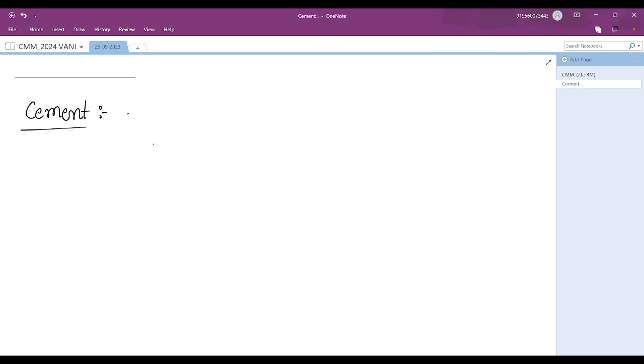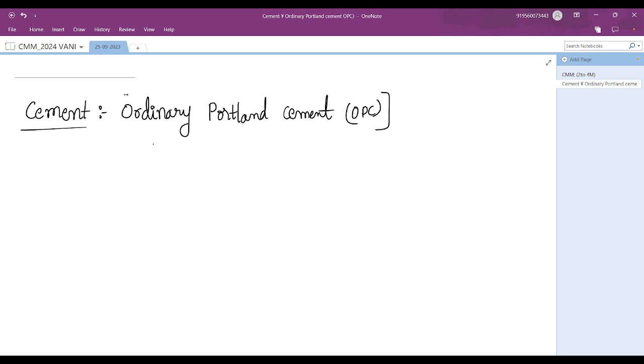In general words, or in layman language, we call it cement, but it has a fancy name known as ordinary Portland cement, OPC. So why is this fancy name given to cement?